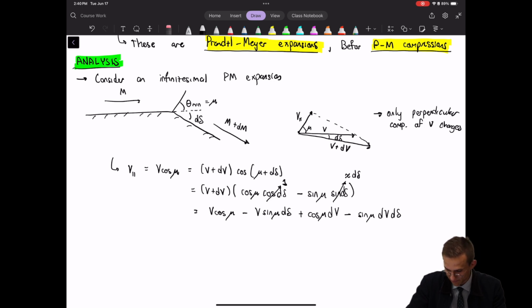And for reasons that we said before, this term is going to go to 0, or at least it's small compared to the other terms, because those are two infinitesimals multiplied by each other, while the rest of the terms have one or less.